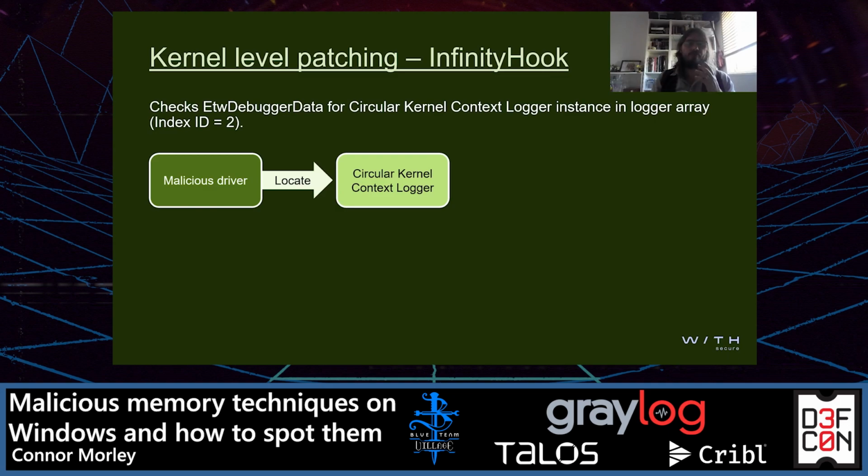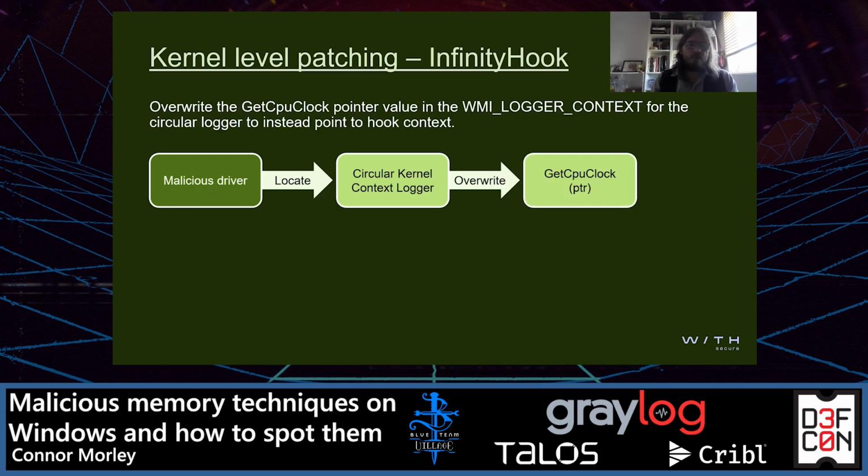Now, this is important because the circular logger will run, as you might guess, circularly on every single syscall that's sent to the kernel, and it creates a log for it. Now, by finding this entry within the ETW debugger data, the object has a WMI logger context object attached to it, and within this is an object called GetCPUClock, which unfortunately is a type pointer.